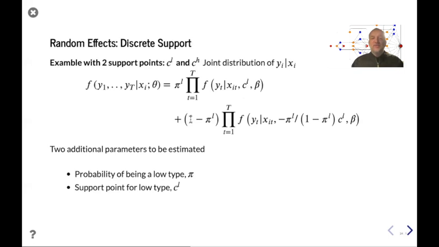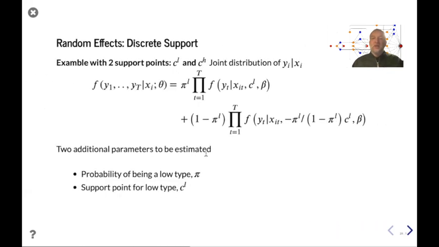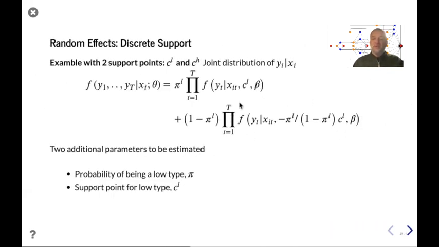Then plus the other situation, 1 minus that probability of being a low type. Here we are embedding that restriction from the previous slide, that the probabilities need to sum to 1, times the density for an individual of type CH, a high type.